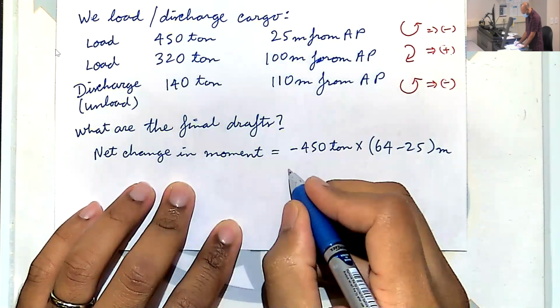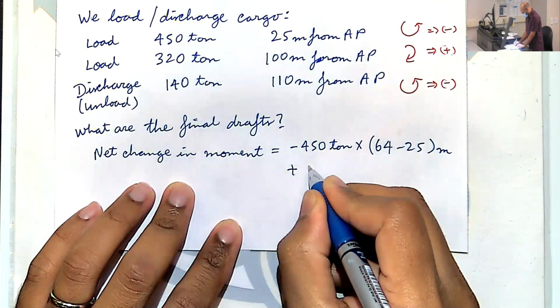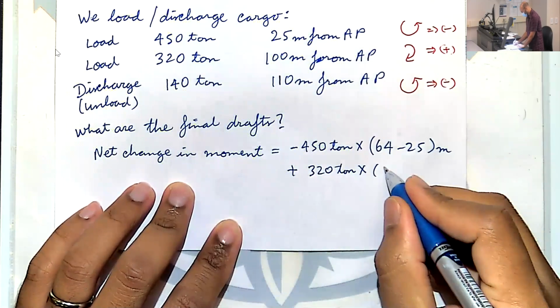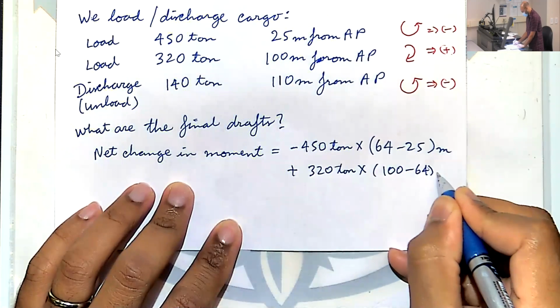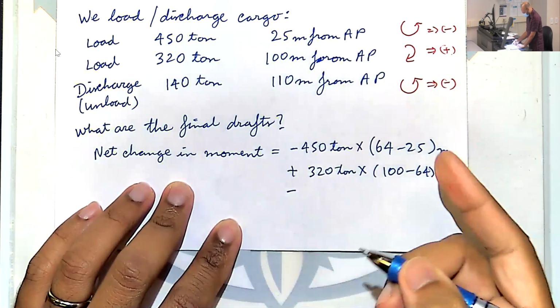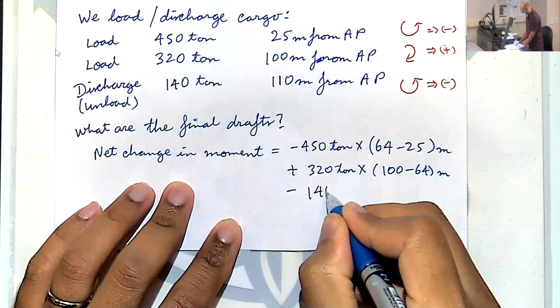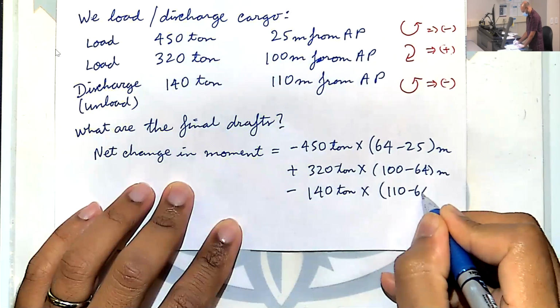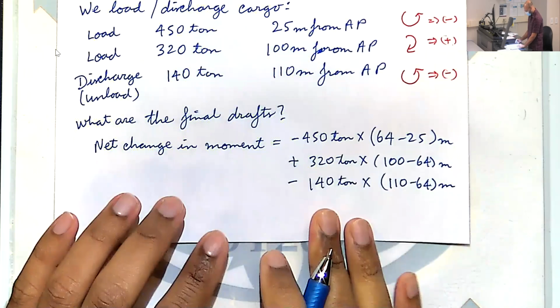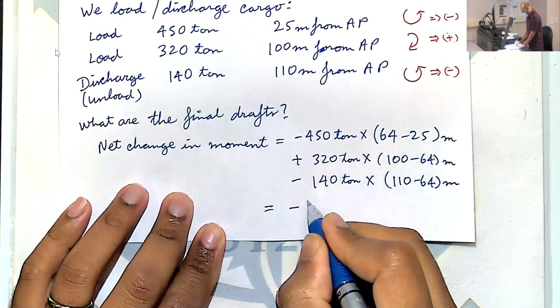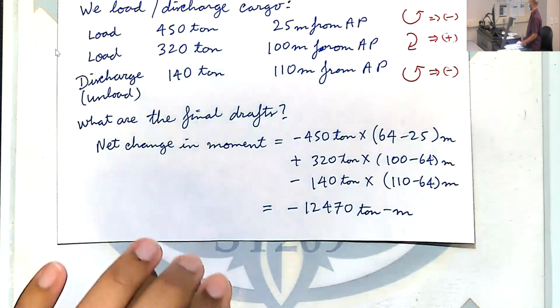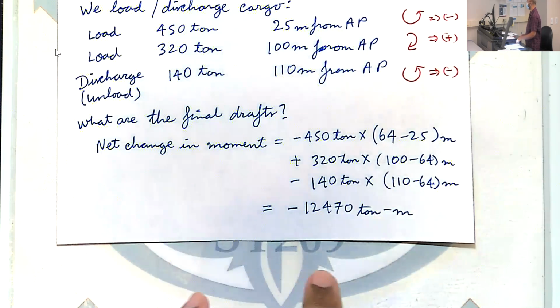So we have plus 320 ton times, this time, 100 minus 64 meters. Then we have a negative 140 ton times 110 minus 64. When you compute all of this, you'll end up with negative 12470 ton meter. So that's the change in moment due to this unloading and loading operation.